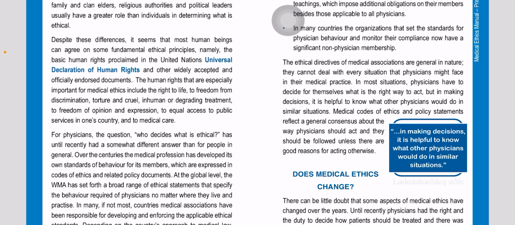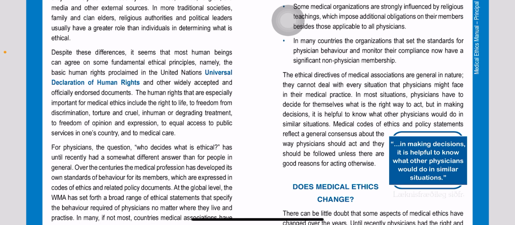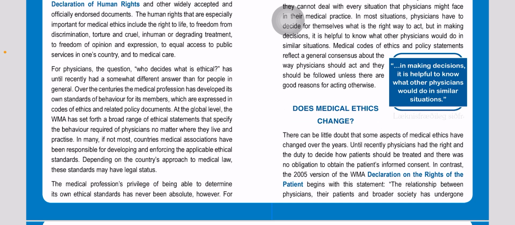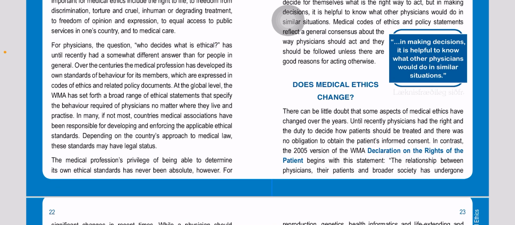It is an international concern. Next, freedom of opinion and expression. Next, equal access to public service in one's country and to medical care. So, the question now begs: who decides what is ethical? For the physicians, who decides what is ethical and what is not ethical?